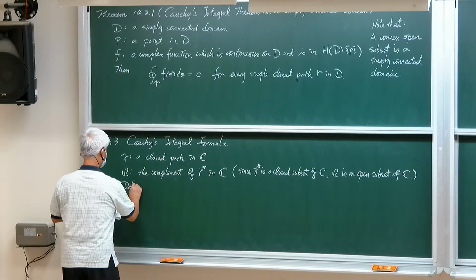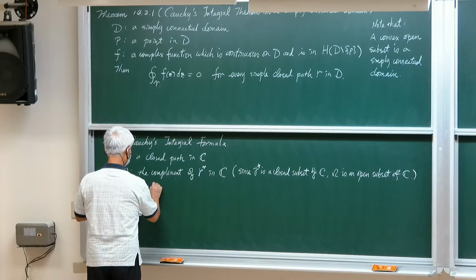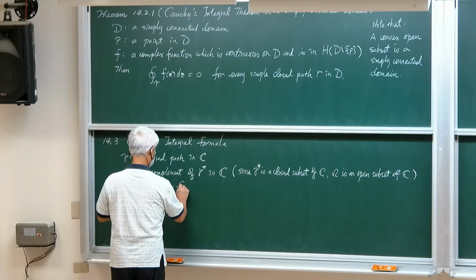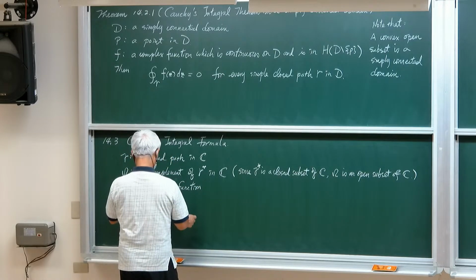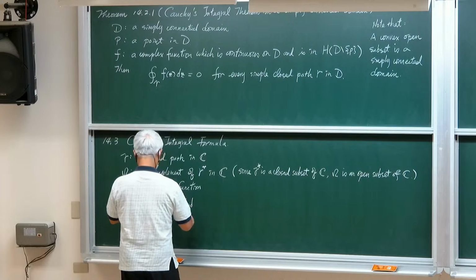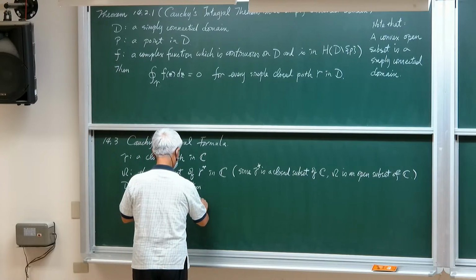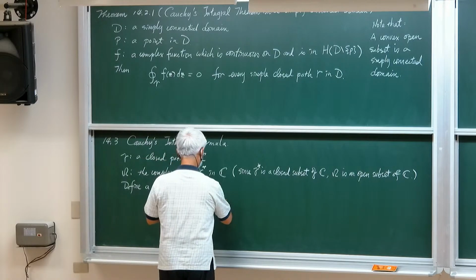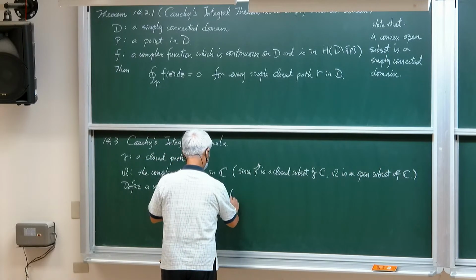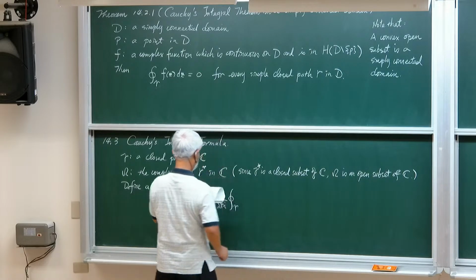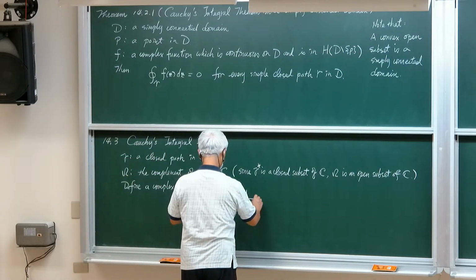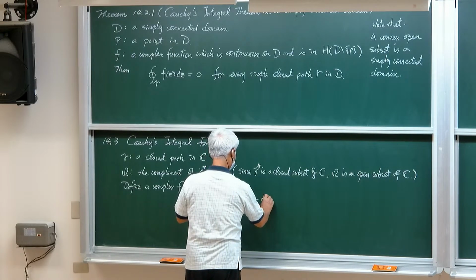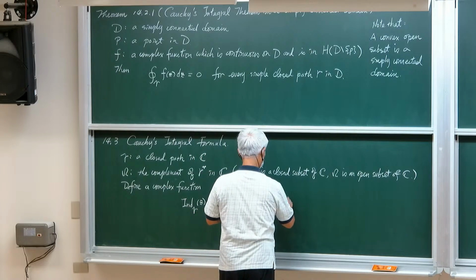Now define a complex function, we call it IND sub gamma of Z, to be 1 over 2 pi i of the line integral over the closed path gamma, and the integrand will be 1 over eta minus Z d eta, for all Z in omega.